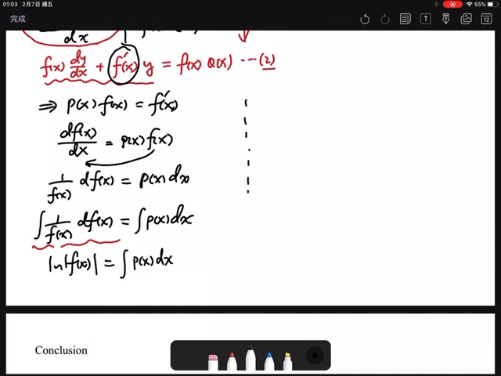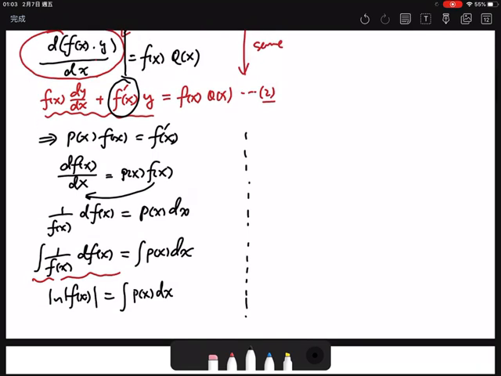Now it is very easy to find f(x), the suitable factor. By the definition of ln, the absolute value of f(x) equals e to the power of the indefinite integral of p(x). So f(x) can be e to the power of the indefinite integral of p(x), the positive one, or maybe f(x) can be the negative one.